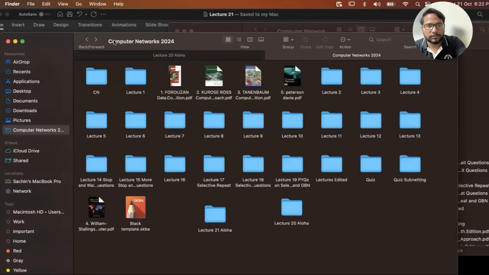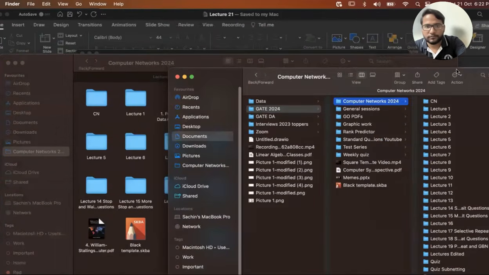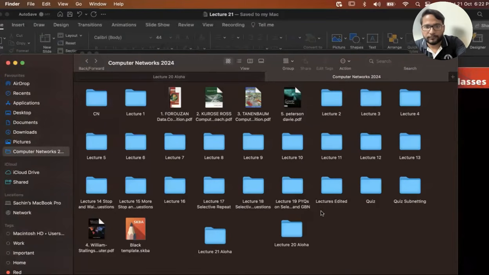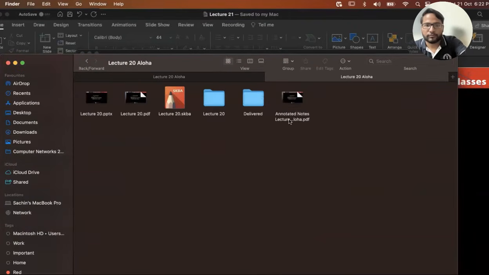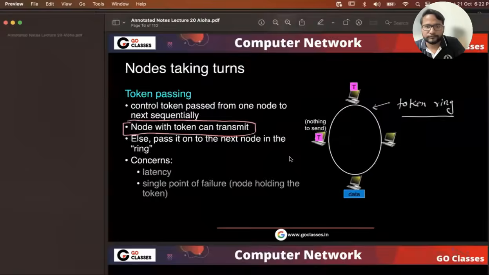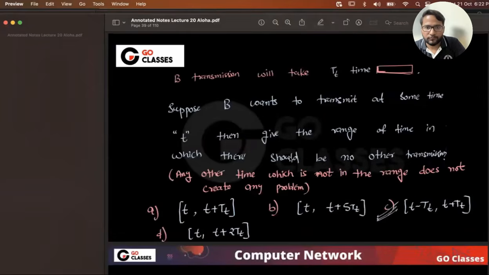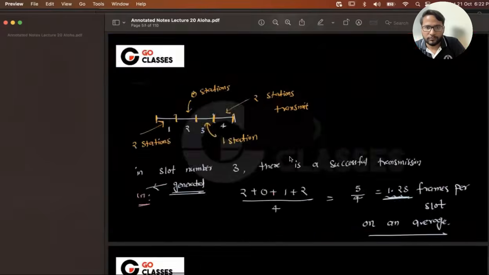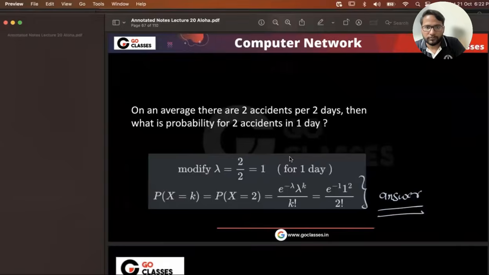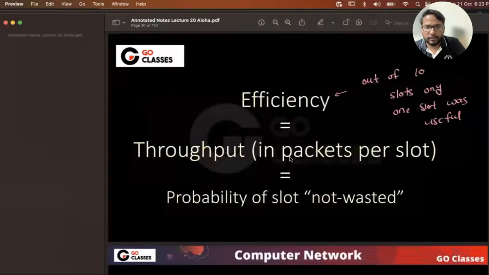The graph will look something like this. All of this discussion we have already done, right?